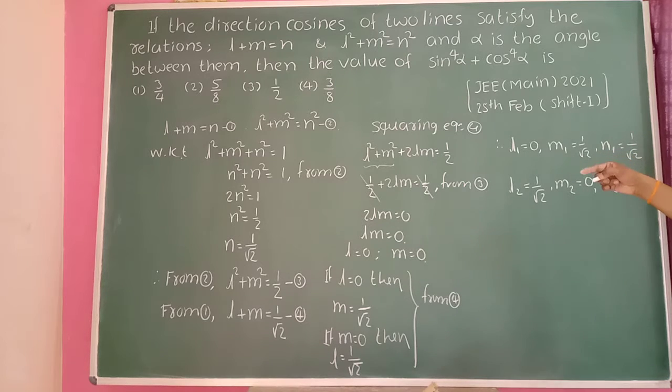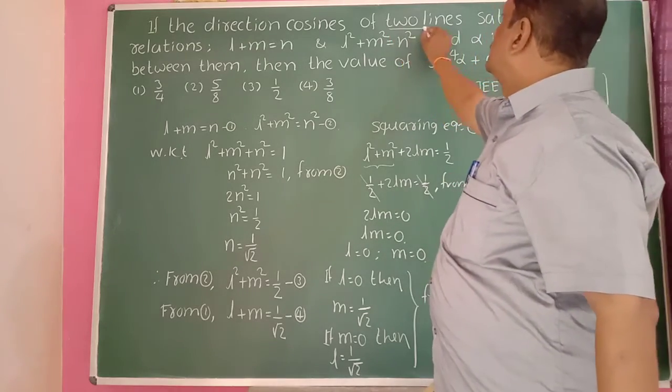So these two are the direction cosines of two lines.